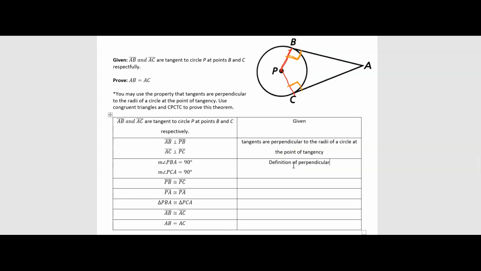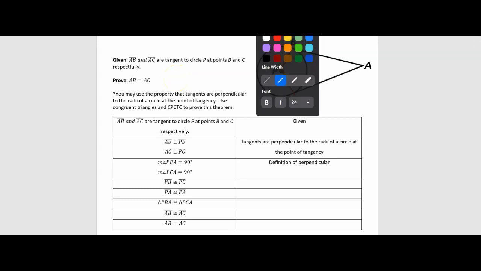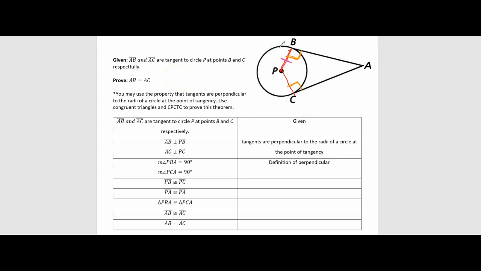Can I get through this proof without a spelling mistake? We'll see. Then it says PB is congruent to PC. You may not know this one because this is the first time we're using it. But all the radii of a circle are going to be congruent. This actually goes back to the definition of a circle.